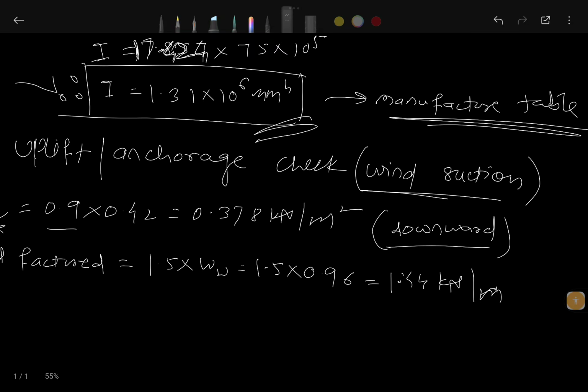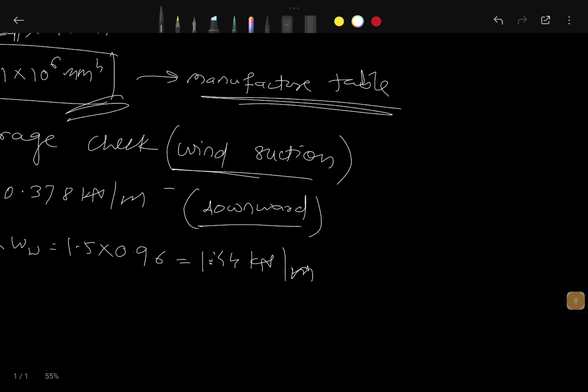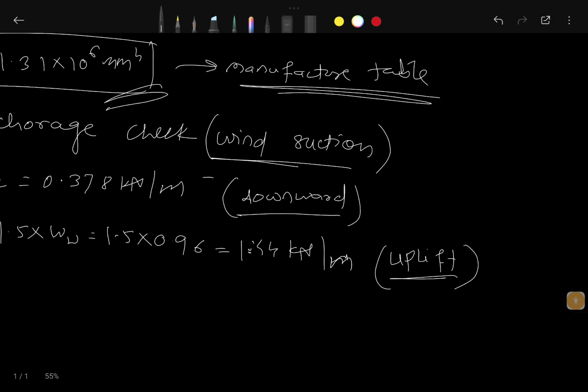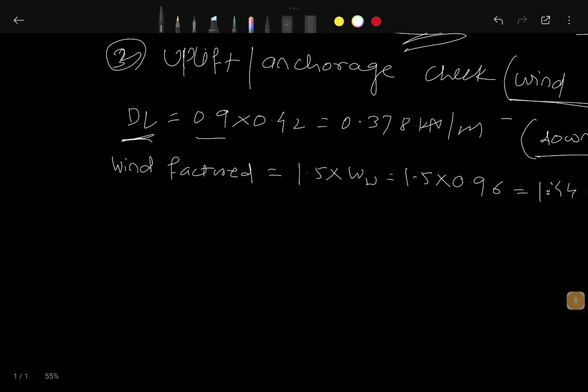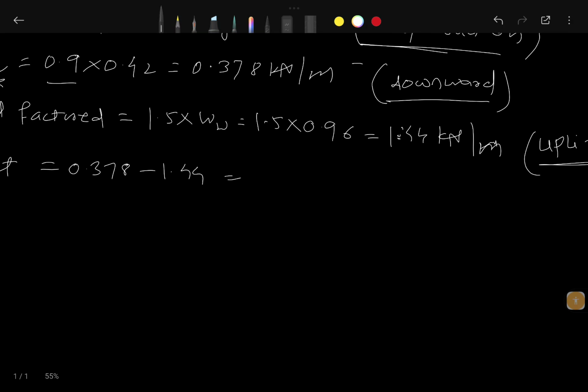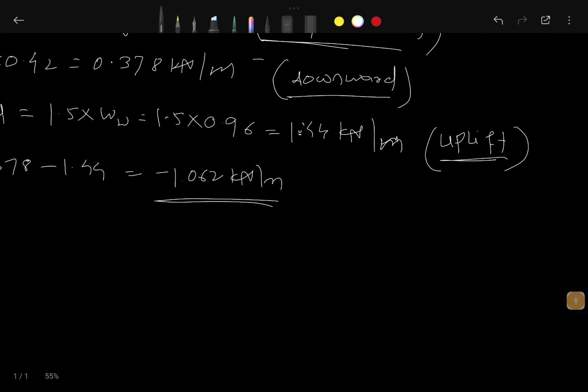This value, 1.44 kilonewton per meter, is uplift because this is with respect to wind. So now we get the net value: 0.378 minus 1.44. This value will come minus 1.062 kilonewton per meter. Minus means net uplift.